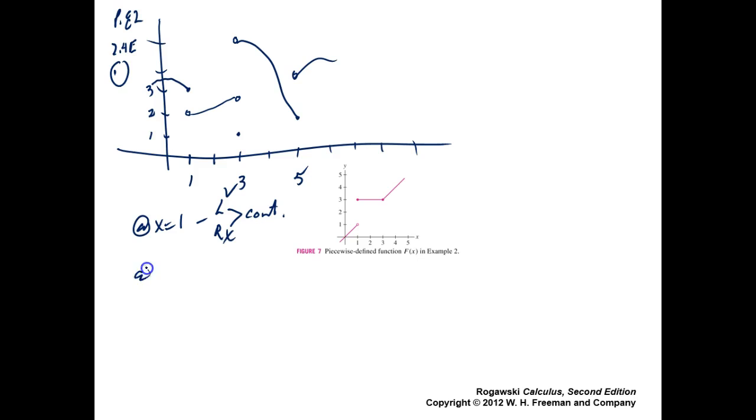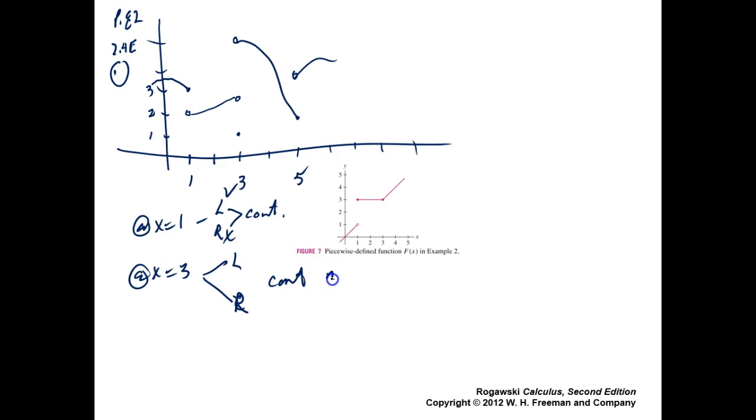At x equals 3, left, right, would it be neither? That's your neither. It says or neither.